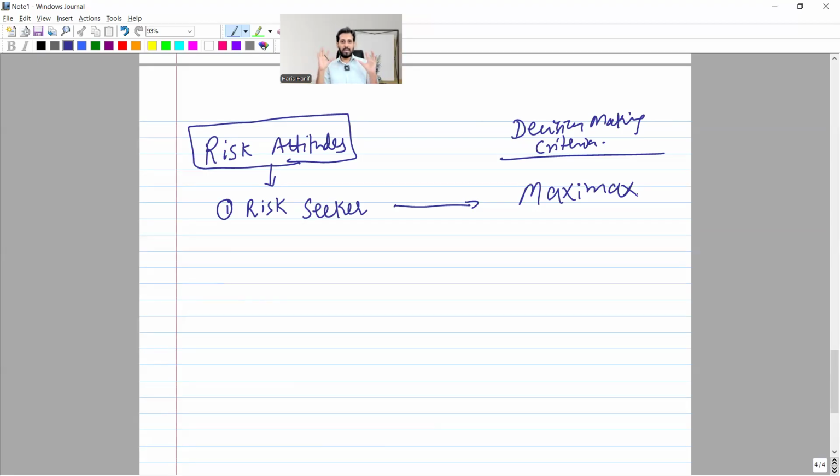If I am the risk seeker, I am an optimist personality. I will be looking forward to the best and the ultimate best outcomes. So that's called maximax, maximizing the maximum return. Number 2, there is risk averse. Risk averse is the person who is afraid of risk.